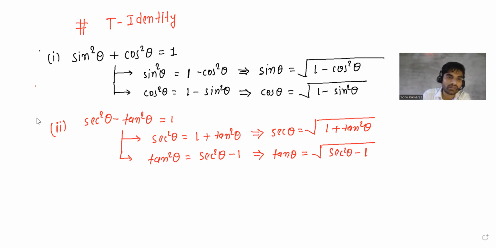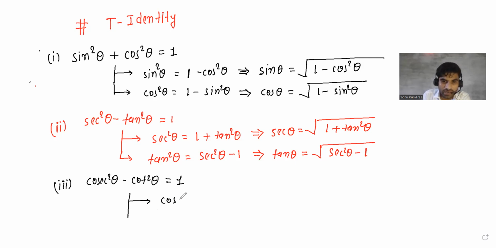And the last one is the third trigonometric identity, cosec square theta minus cot square theta, means the relation between cosec and cot. Cosec square theta minus cot square theta is equal to 1. Okay, we can find the cosec theta and cot theta from here.